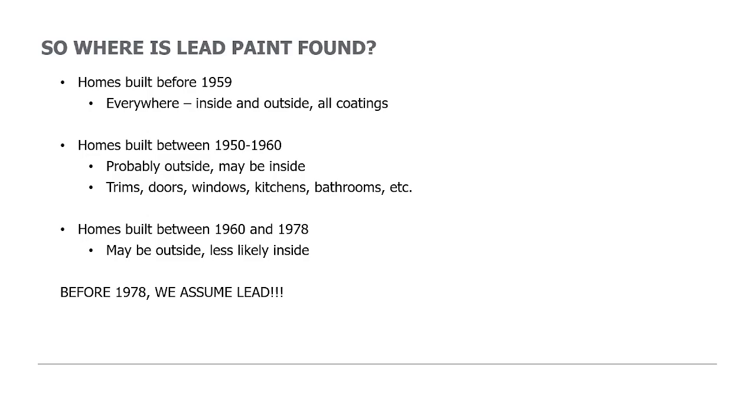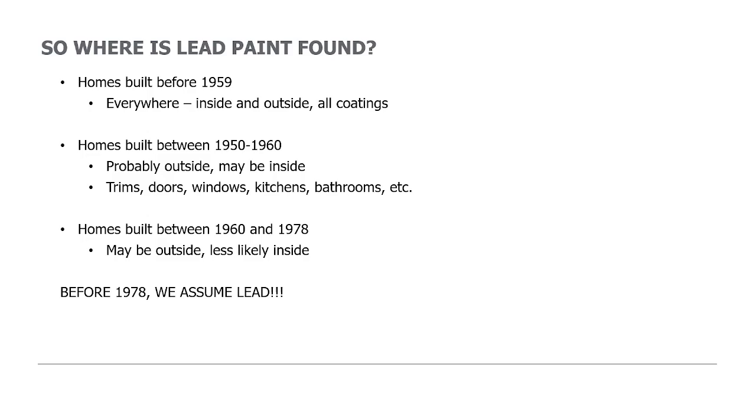So where is this lead-based paint found? Homes built before 1959, it was everywhere. Inside, outside, windowsills, all coatings. Lead was very popular in paint before then. Homes built between 1950 and 1960, it's probably going to be outside.